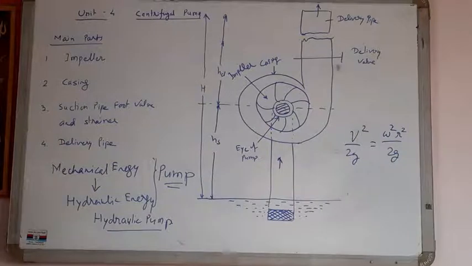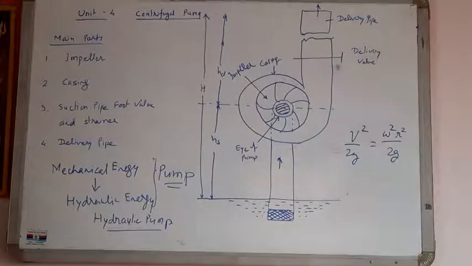It is an airtight passage surrounding the impeller and is designed in such a way that the kinetic energy of water discharged at the outlet of the impeller is converted into pressure energy before the water leaves the casing and enters the delivery pipe.